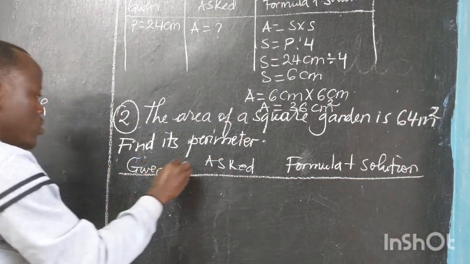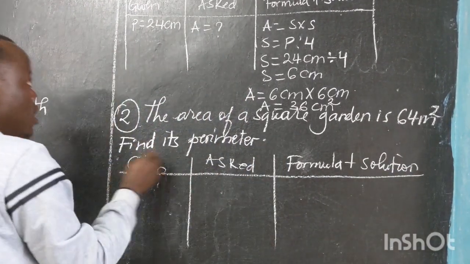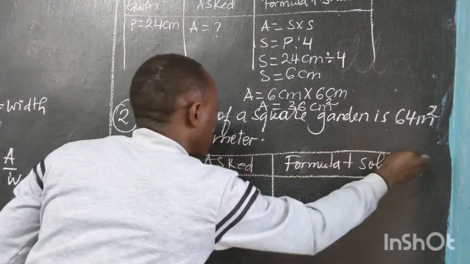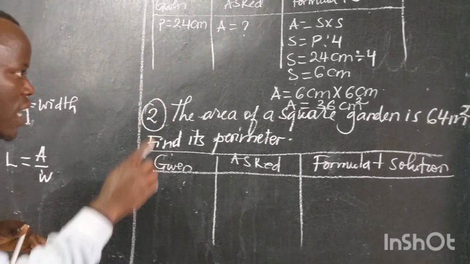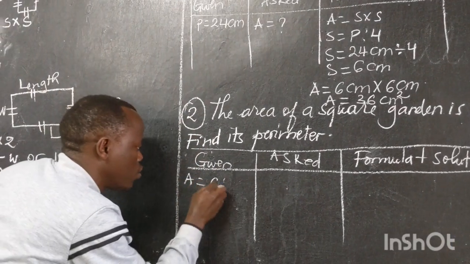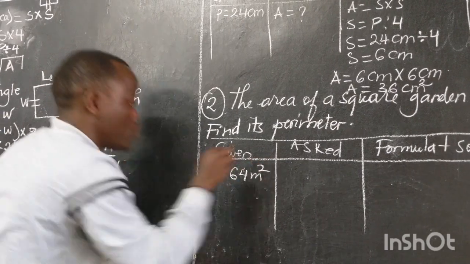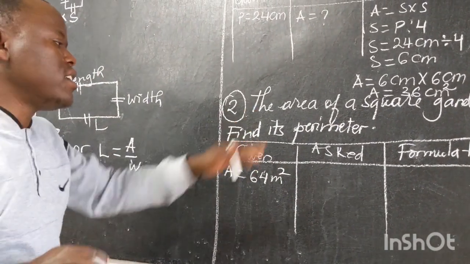What is given in this occasion? The area of a square garden. So they give us area which is equal to 64 meters squared, and find its perimeter.